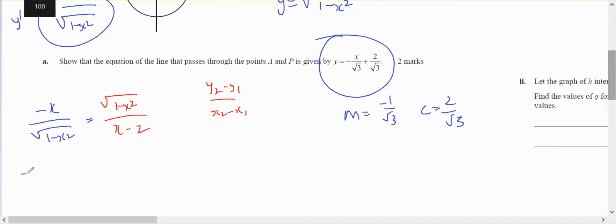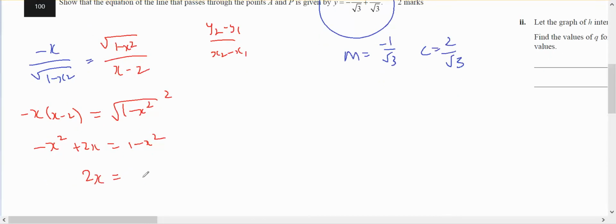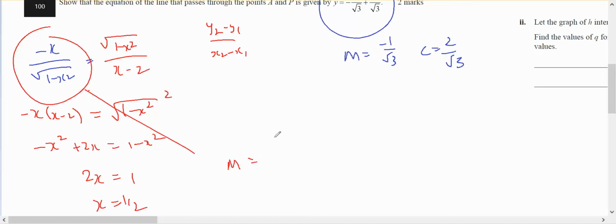And if I go minus x times x minus 2 equals the square root of 1 minus x squared, squared, minus x squared plus 2x equals 1 minus x squared. 2x equals 1, x equals a half.